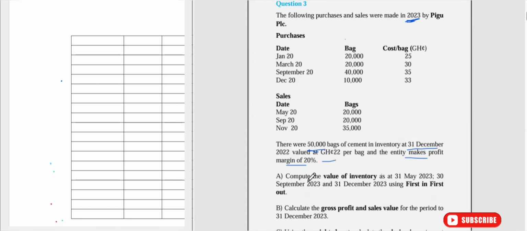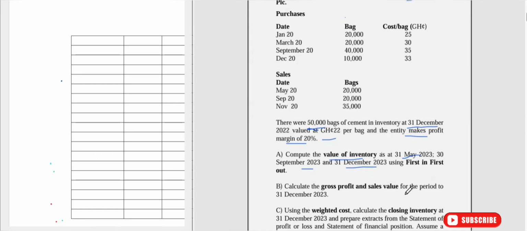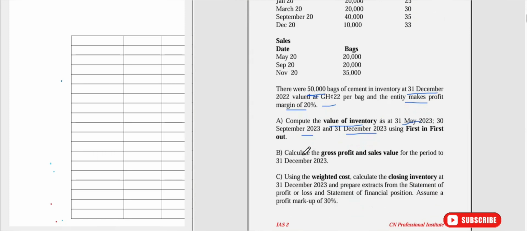The first requirement is to calculate the value of inventory as at 1st May 2023, 30th September 2023, and 31st December 2023 using the first in, first out, the FIFO. Then calculate the gross profits and the sales value for the period ended 31st December 2023, using the weighted average cost.